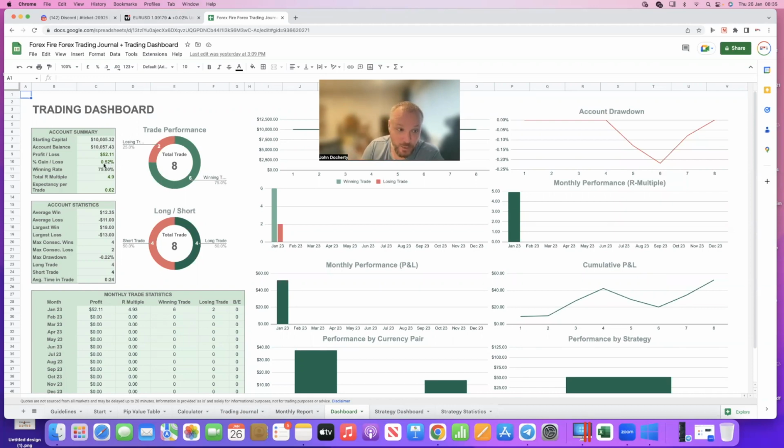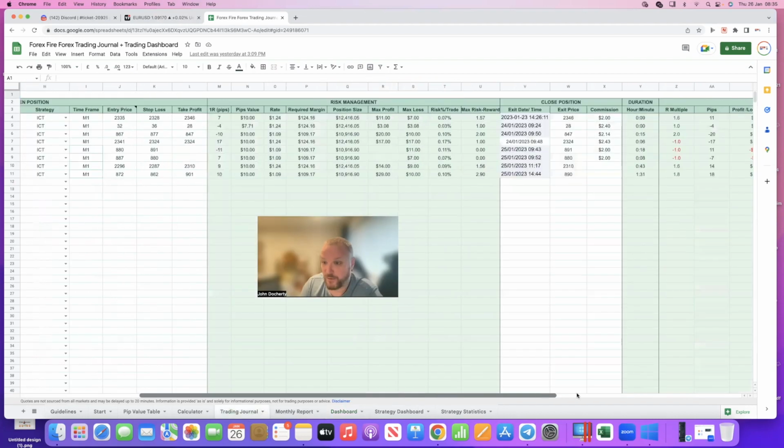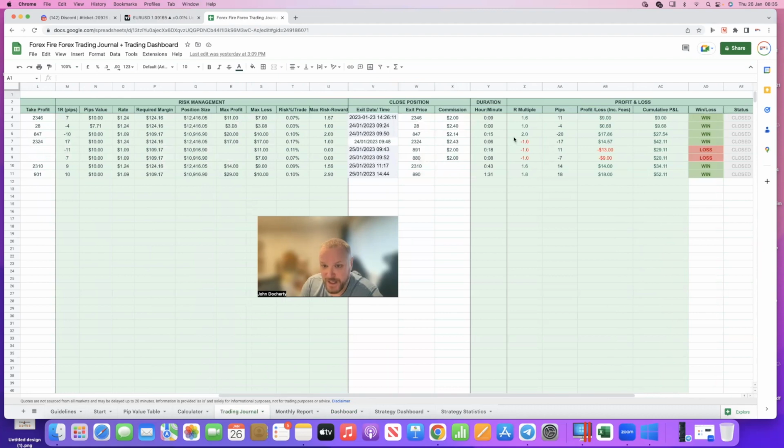Now, bearing that in mind, with regards to the journal, I'm just going to show you the power of what we've been learning. Take note in here, we've got the wins and we've got 2 losses. And this is what we've been risking per trade. This is the maximum risk to reward.